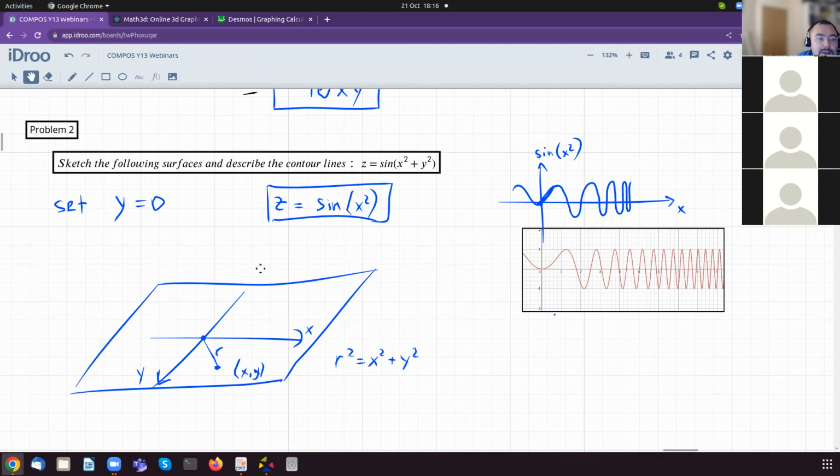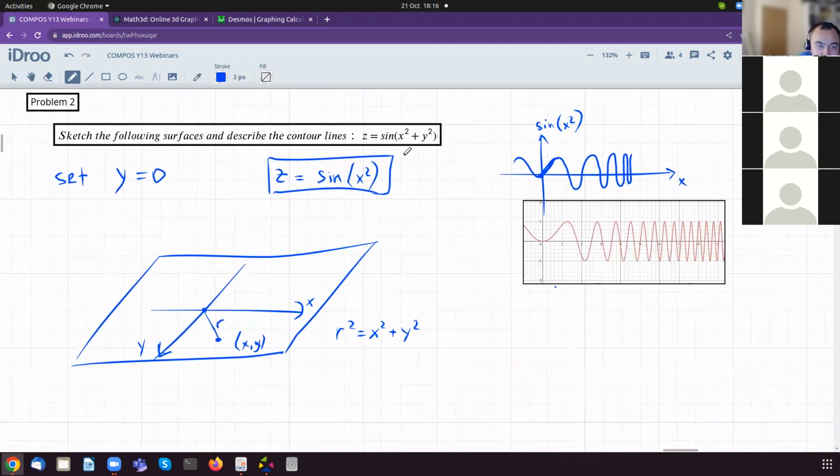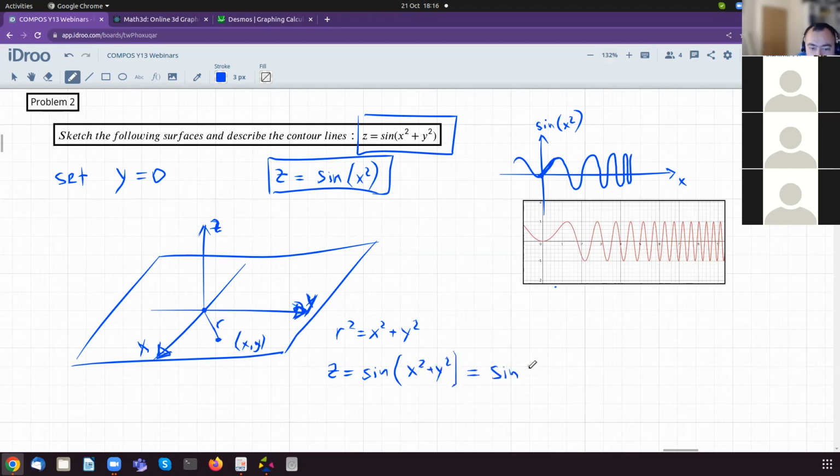So this is going to be a 3D graph. So this is Z, X and Y. X goes here, Y goes here. This is the standard triplet. Sine of X squared plus Y squared. But in fact, it's sine R squared, where R is the distance from 0.